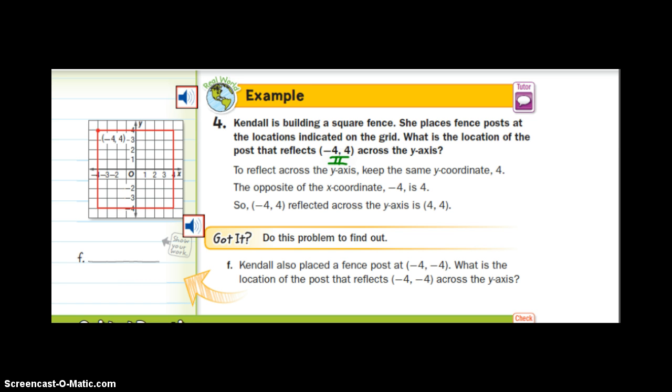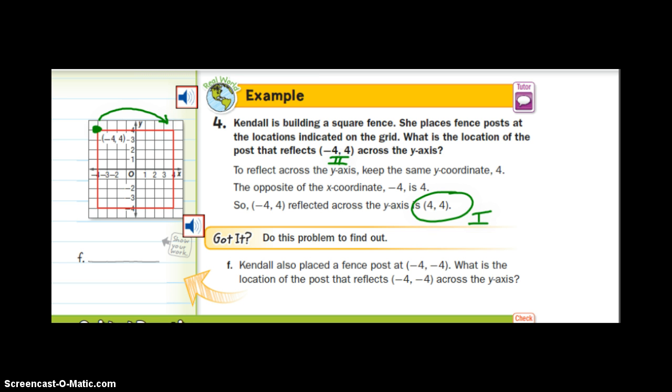That is this position in the upper left-hand corner. Now, we want to reflect across the y-axis. That would put us at 4, 4. So we are now reflected into the first quadrant.